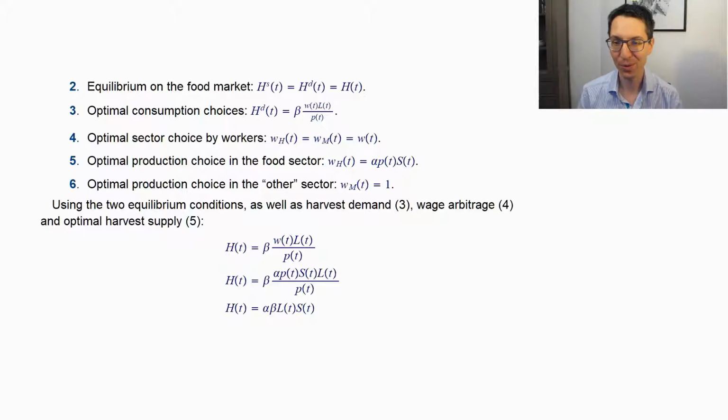Think about it for a while. So the difference is that here we purposefully just neglected the impact of harvest on the stock of resources. So we just said that they choose HT, taking ST as given.